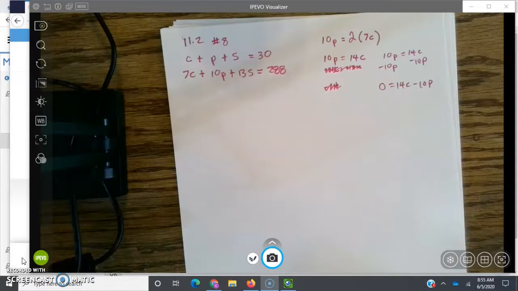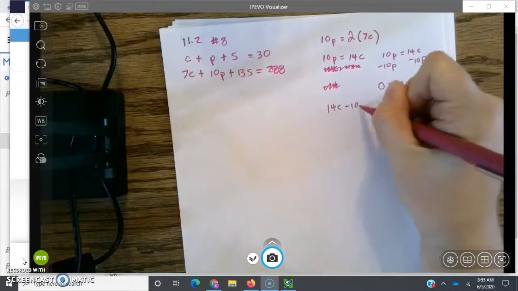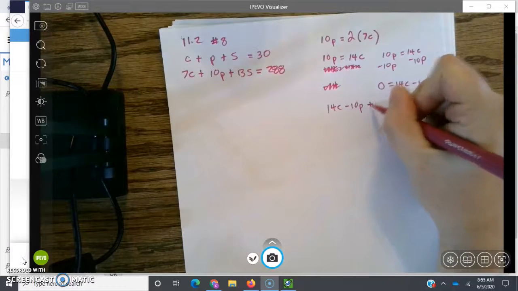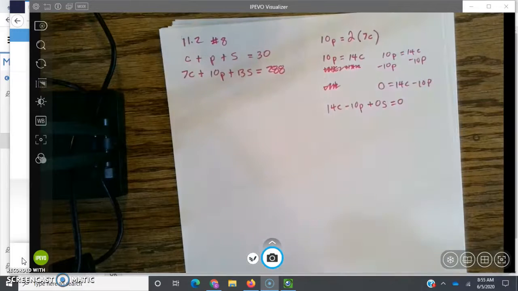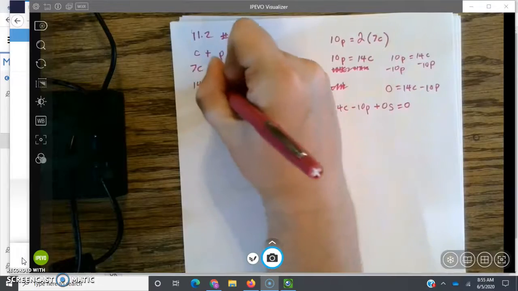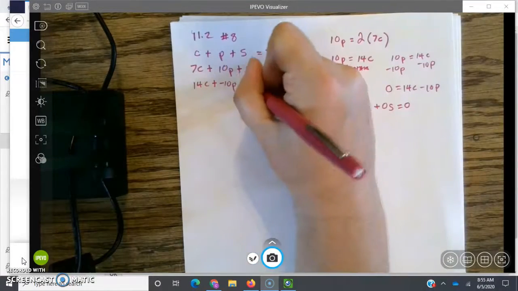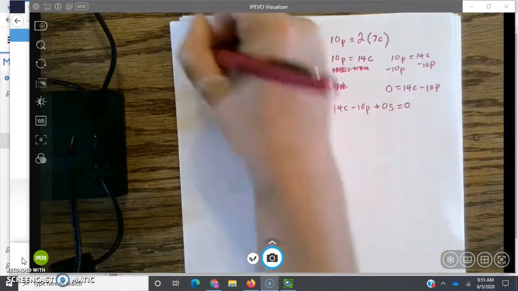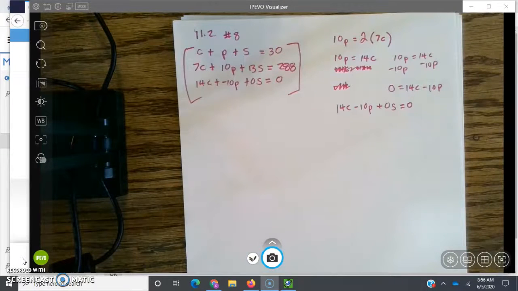So we need to add in an S, and let's make the 0 be on the right-hand side. So we get 14C minus 10P plus 0S is 0. So then let's go ahead and put this back into our matrix. Okay, so we have this set.